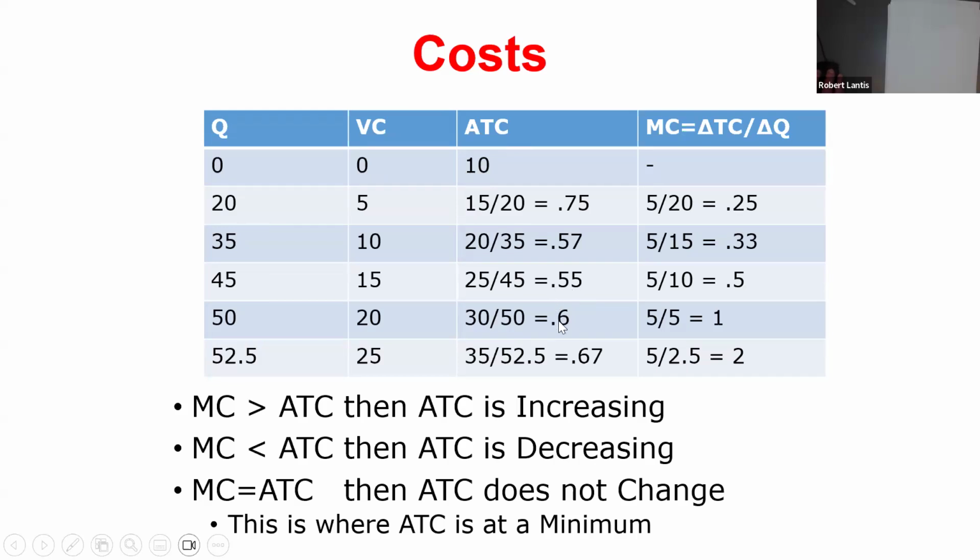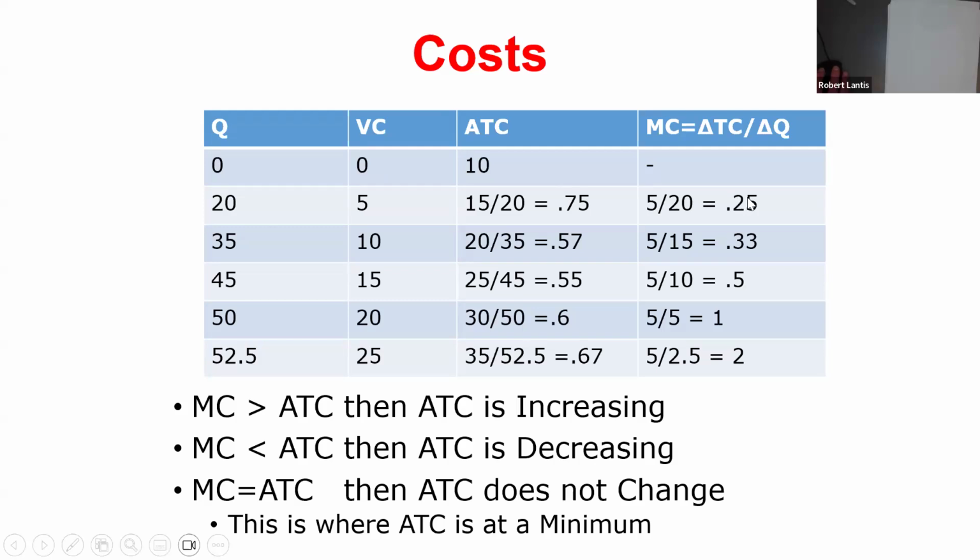And then at a certain point, if I produce past that, they start to go up. So where would the efficient scale be? What quantity would be the efficient scale in this example? So it's going to be where my per unit costs or my average total costs are at their lowest point, which would be at a quantity of what? 45, right? 0.55 is the lowest possible value that I see here.